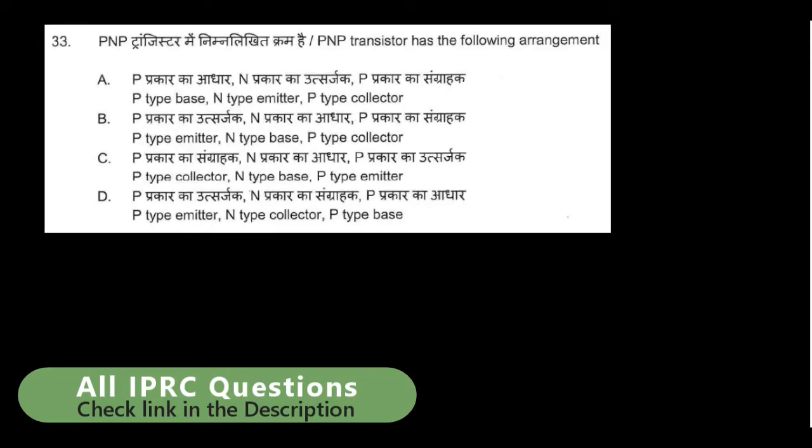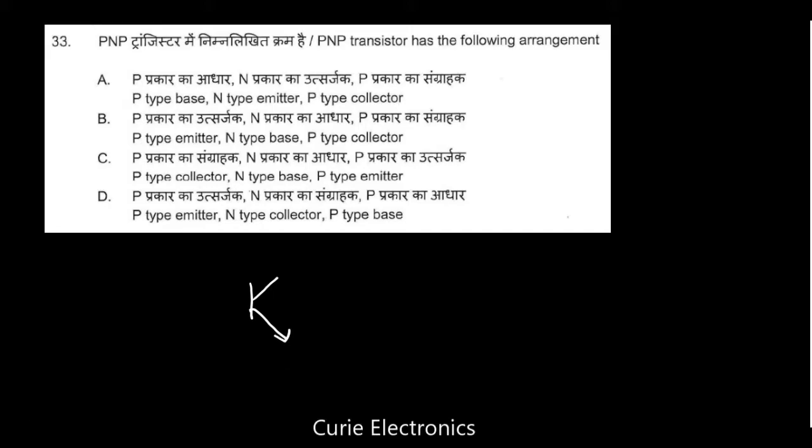Question number 33. A PNP transistor has the following arrangement. How do you draw a PNP transistor? The arrow should come in. So this is a PNP transistor.